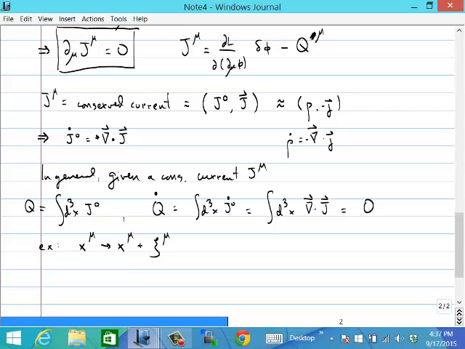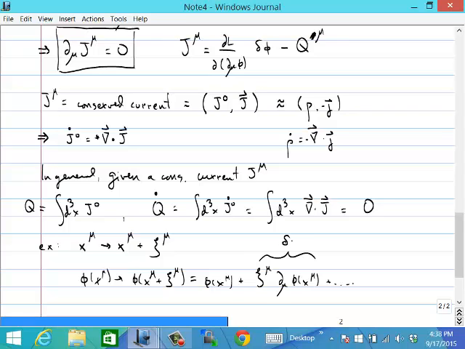Under this change of variables, phi of x mu will go to phi of x mu plus zeta mu, which one can just Taylor expand. That's phi of x mu plus zeta mu d by d x mu, phi of x mu plus higher order terms that we don't care about.